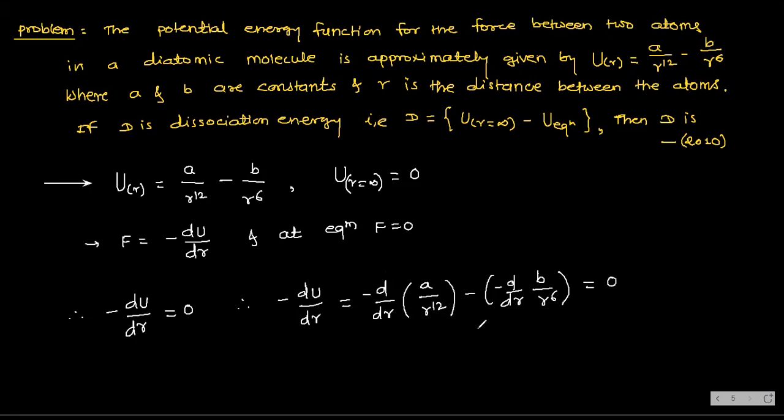Now see, I take minus A outside with d by dR of R power minus 12. Minus minus becomes plus, and B outside, with d by dR of R power minus 6, equal to 0. Got it?